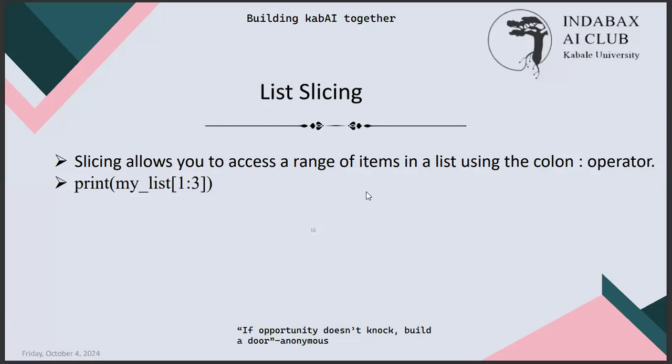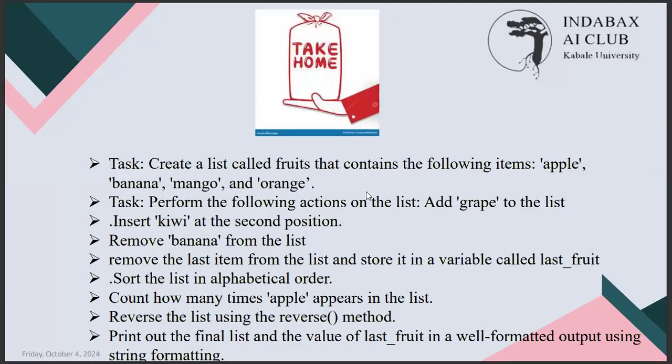Here's your take home. You will create a list called fruits that contains the items apple, banana, mango, orange. Then your task is to perform the following actions on the list. You will add a grape to the list.